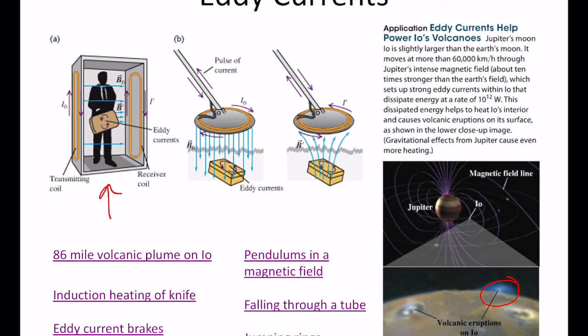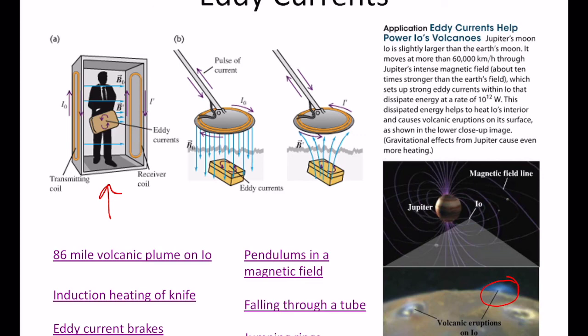So where did eddy currents come from in Io? Well, Jupiter has a tremendously strong magnetic field, extremely strong. Jupiter's magnetic field is like 20,000 times stronger than the Earth's magnetic field. So as Io flies past Jupiter at 60,000 kilometers per hour through its magnetic field, there is believed to be a lot of magnetic materials in the crust of Io, right?